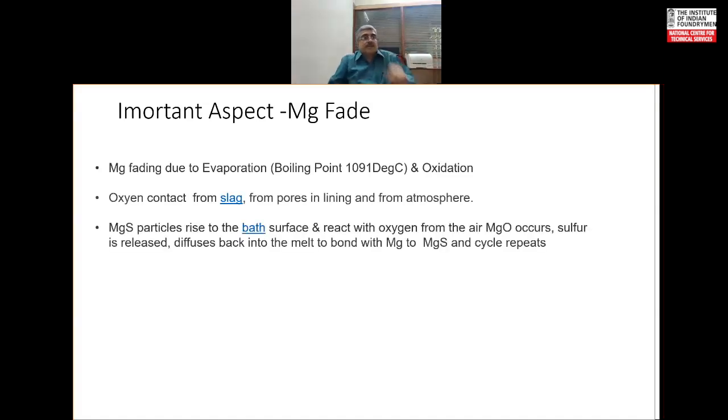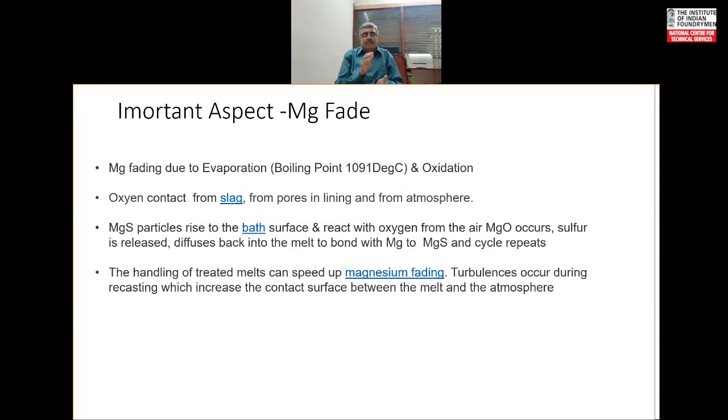Another thing happens: magnesium sulfide particles race to the bath surface, they react with oxygen from the air and magnesium oxide forms. Sulfur gets released and diffuses back into the melt. So again it bonds with magnesium, and this cycle repeats. That's why earlier I commented about the importance of keeping the treatment vessels clean.